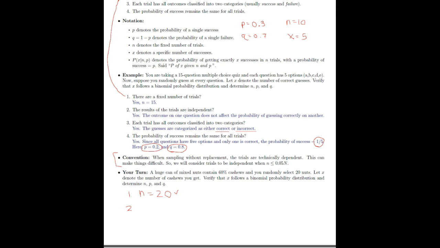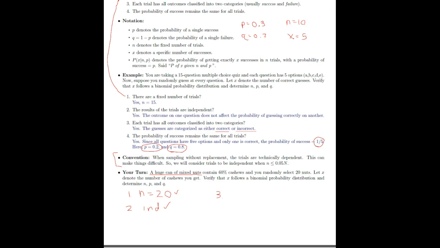And so that would mean that the sample size 20 would have to be less than 5% of the whole population. So I guess that would really depend on how huge this can of mixed nuts really is. So let's assume that it's big enough, such that 20 would be fewer than 5% of the entire thing. If that's the case, then we could say it is, at least in practice, independent.